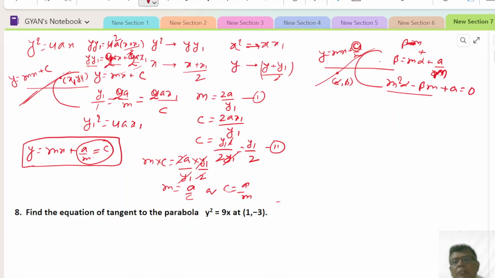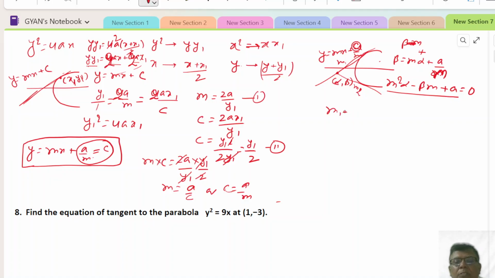So this is a quadratic equation in m for any alpha and beta. That means it will have two values. So from the outside, two tangents can be drawn to the parabola. So the solutions will be m1 and m2, the slopes of these tangents.